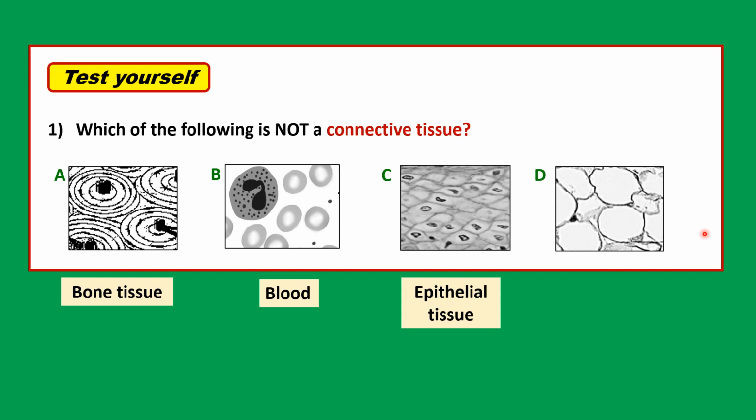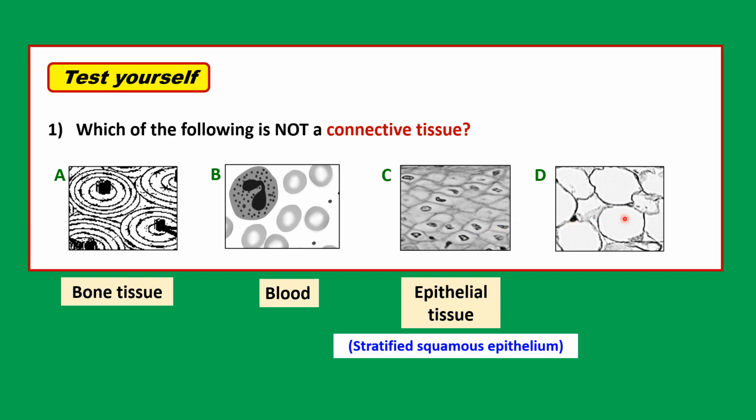The type of epithelial tissue is the stratified squamous epithelium. Stratified means that it's made of a few layers. Squamous means the cells are flat in shape. This type of tissue is found in the skin and also in other places like the esophagus.